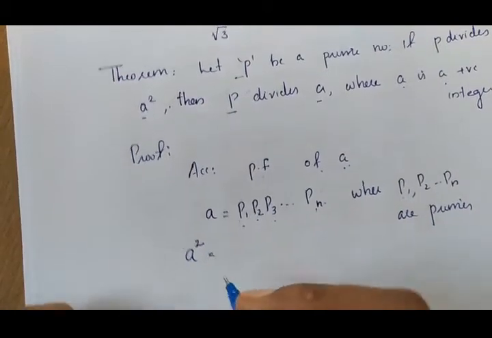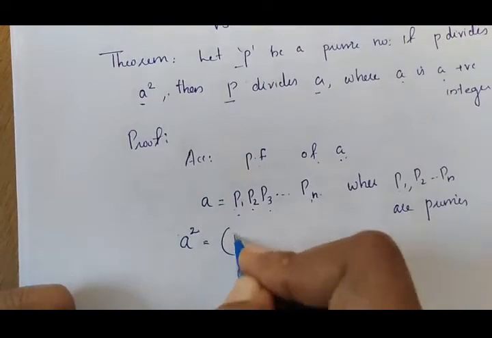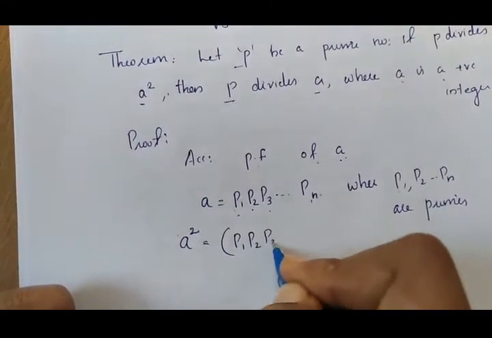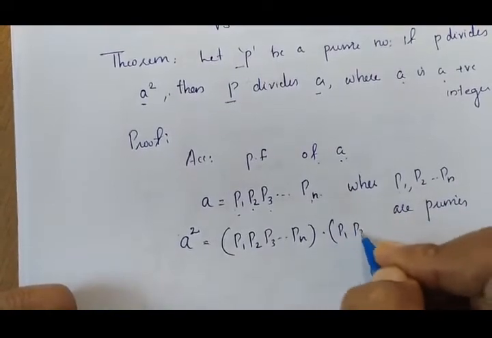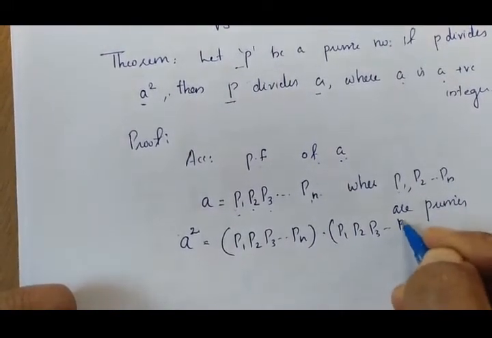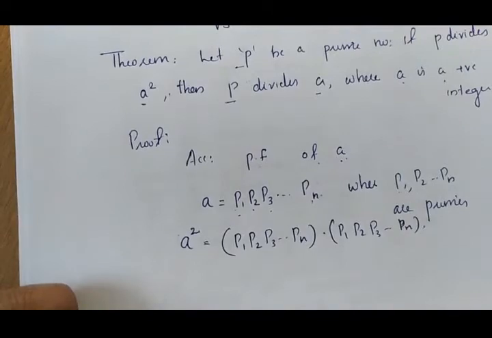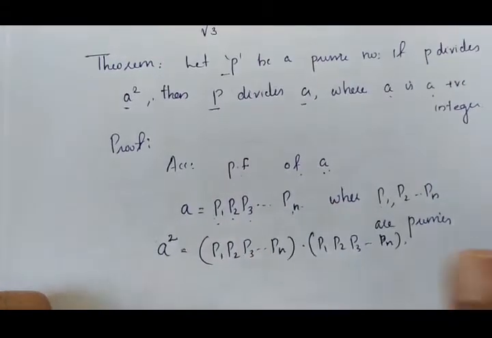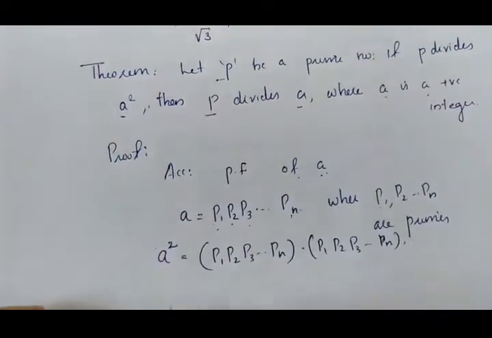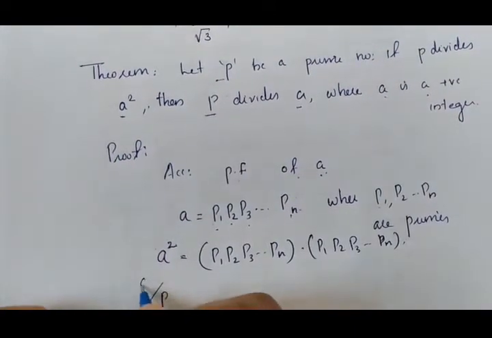And we can rewrite A square in the form of P1, P2, P3, etc. Pn into P1, P2, P3, etc. Pn. In the theorem itself, it is saying that P divides A square.